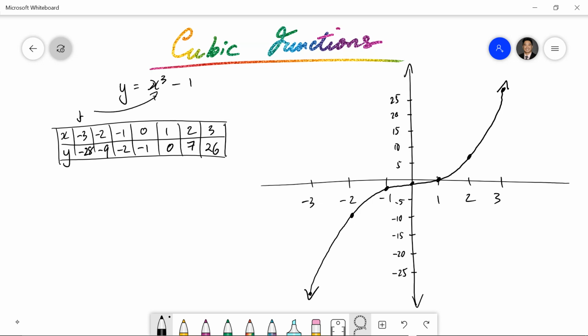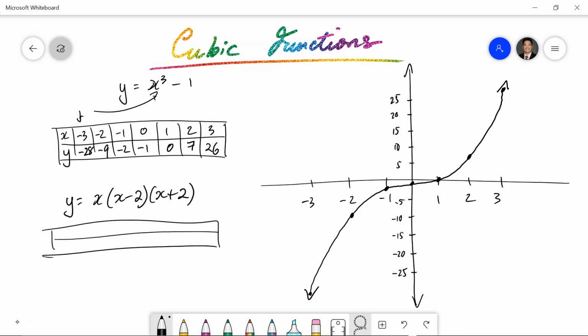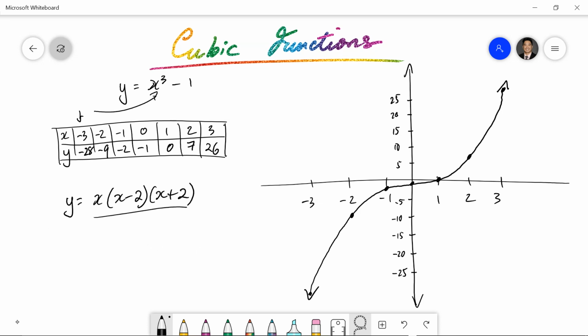Okay, simple as that. If we were to substitute into another equation, for example, y is equal to x(x minus 2)(x plus 2), you could have your table of values again and just jot them down. Or, as I just pointed out before, we've got our x-intercepts here.